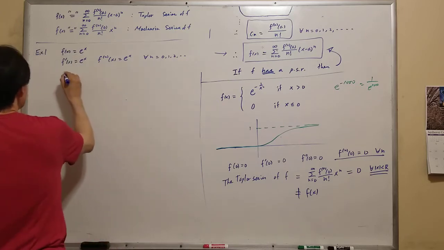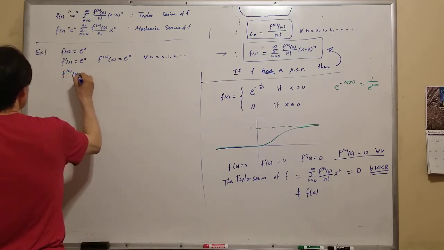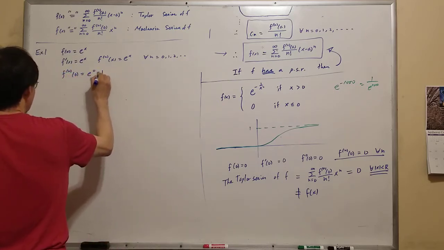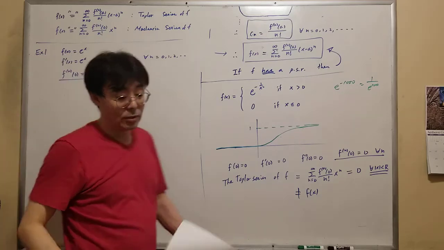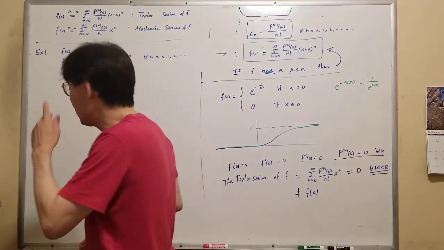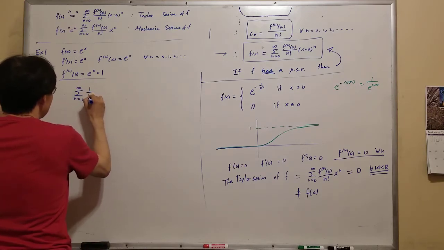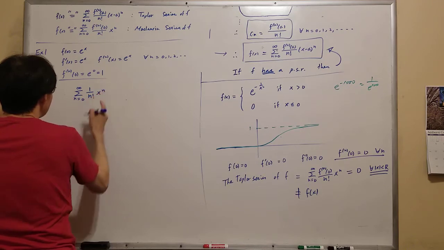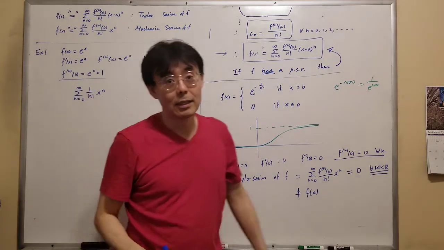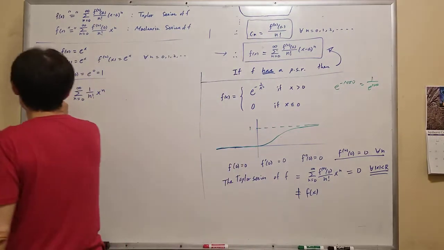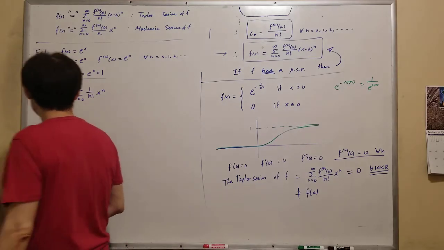And the nth order derivative at 0 is e to the 0, which is 1. So the Maclaurin series for e to the x will be the sum of 1 over n factorial x to the n. That's the Maclaurin series of e to the x.